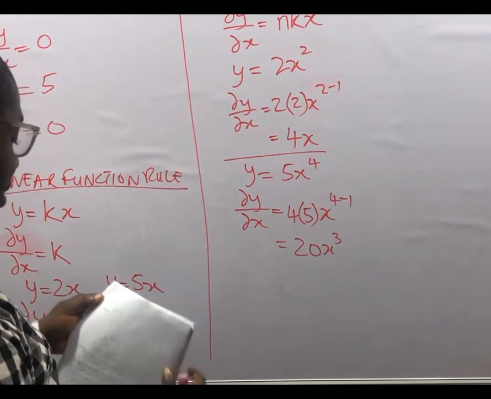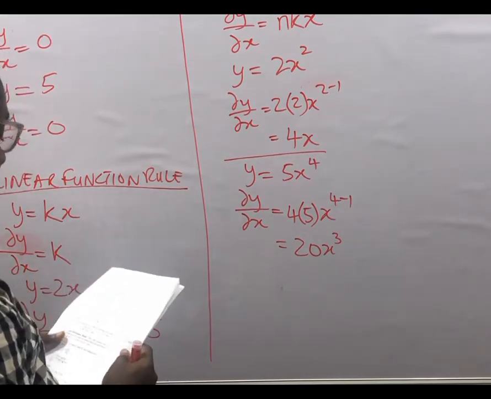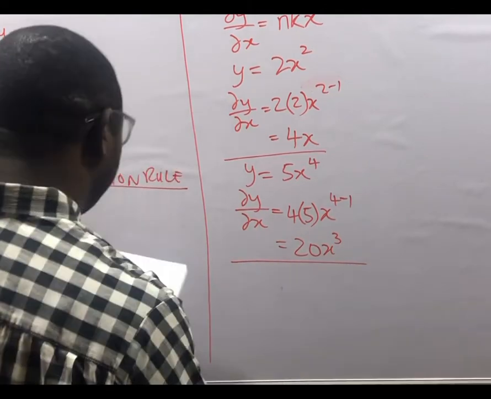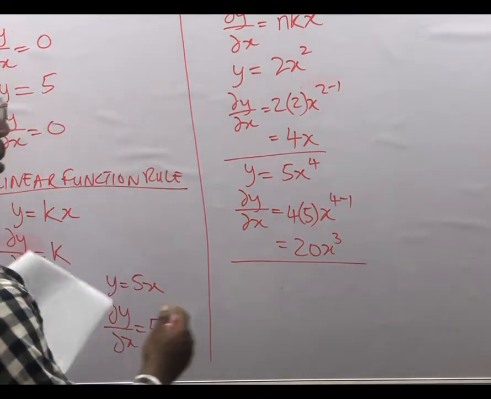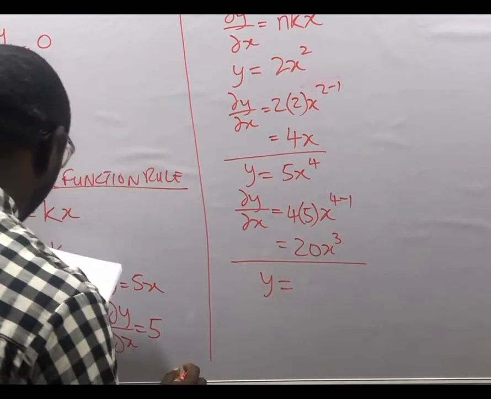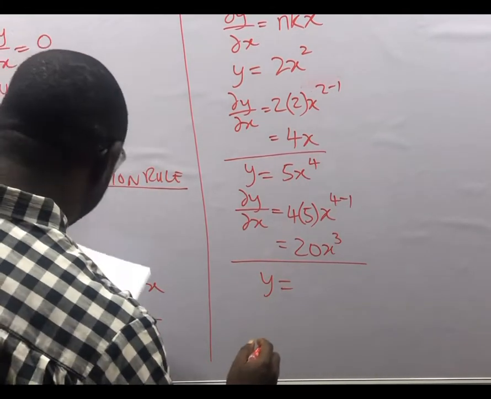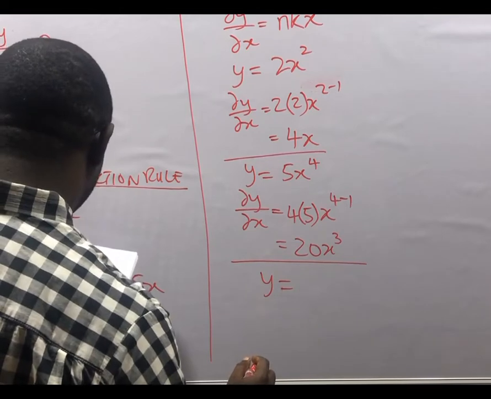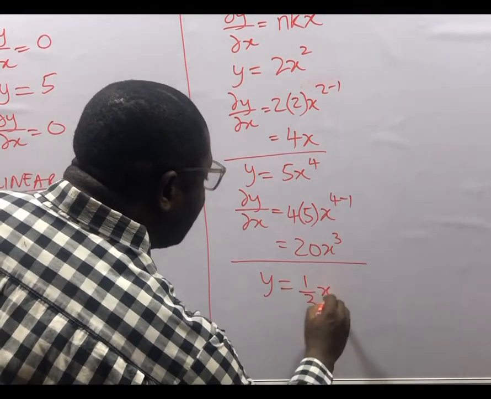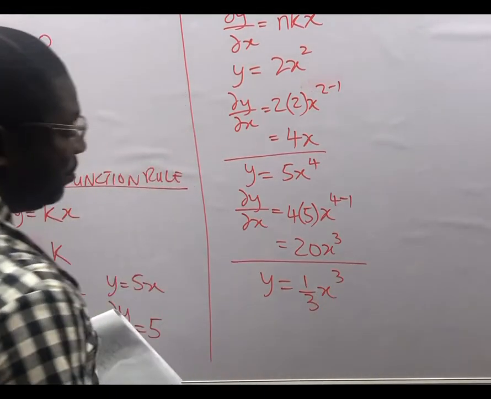So this is the power rule when it comes to finding derivatives. You can have several other examples. Let me give another example of this. Another example will be y is equal to 1 over 3 times x raised to power 3.